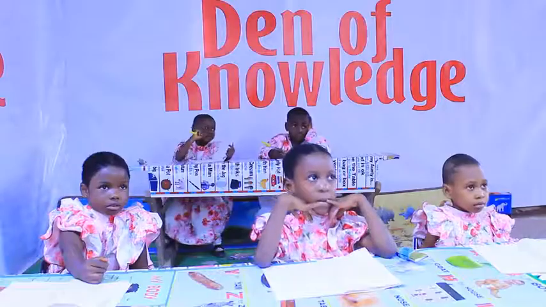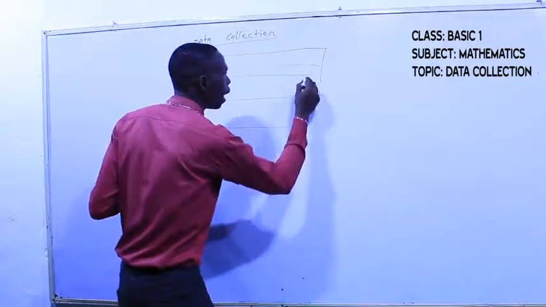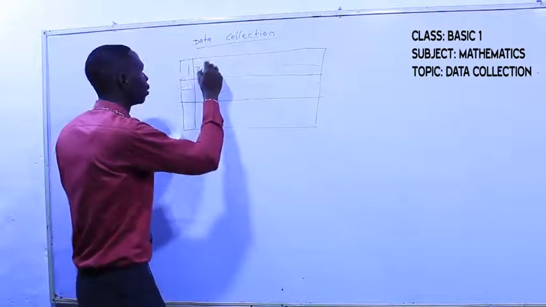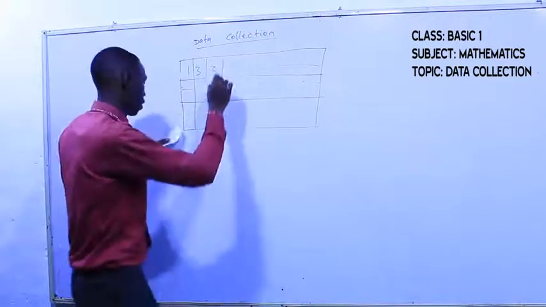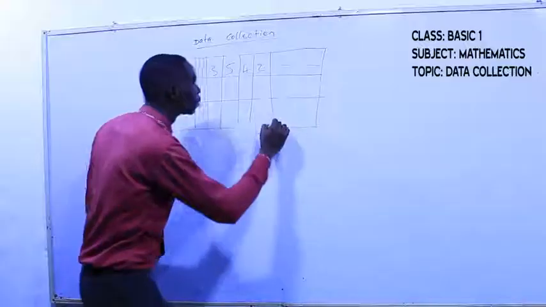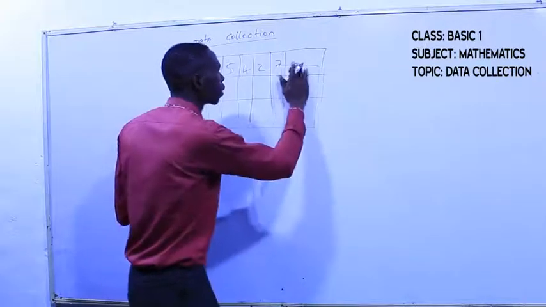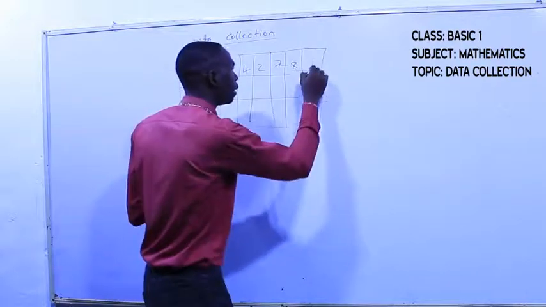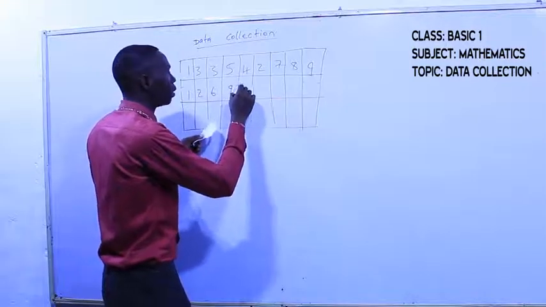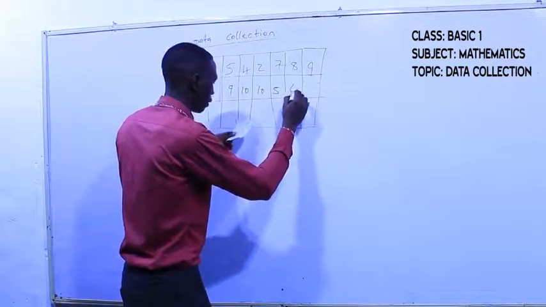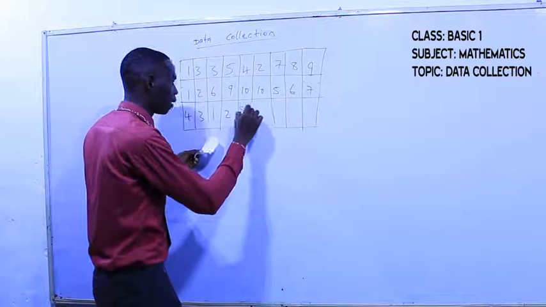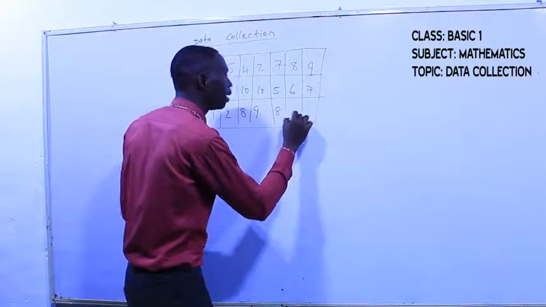In a big table like this, I have 1, 3, 5, 4, 2, 7, 8, 9, 1, 2, 6, 9, 10, 5, 6, 7, 4, 3, 1, 2, 8, 9, 8, 10, and 7.